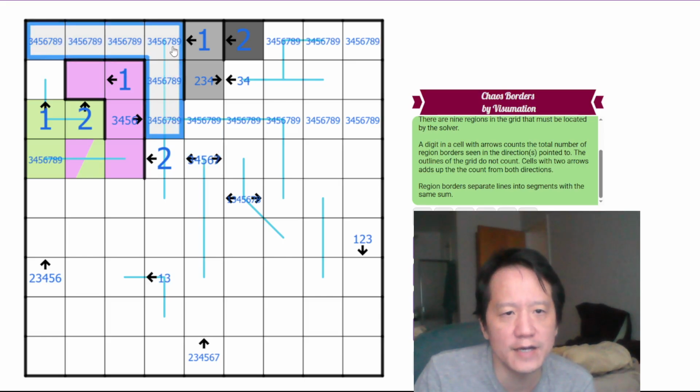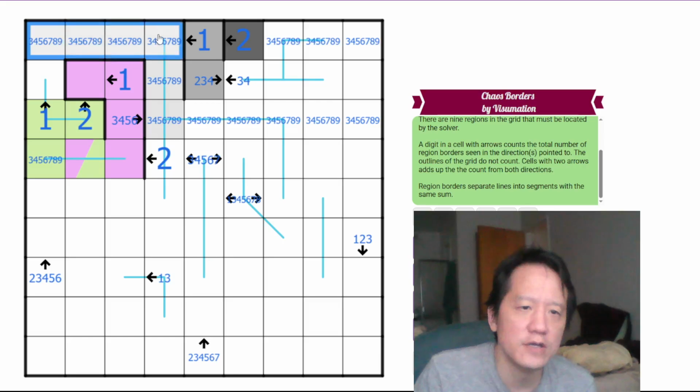This light needs access to a 1. Could be 1, 2, 3, 4, 5, 6, 7, 8, 9. So either of these could be 1. Or 1, 2, 3, 4, 5, 6, 7, 8, 9. And this would be 1.